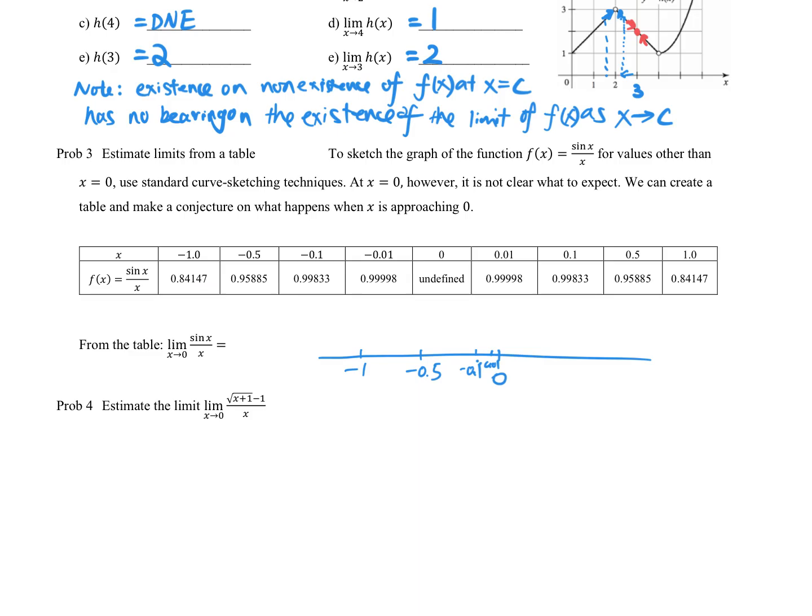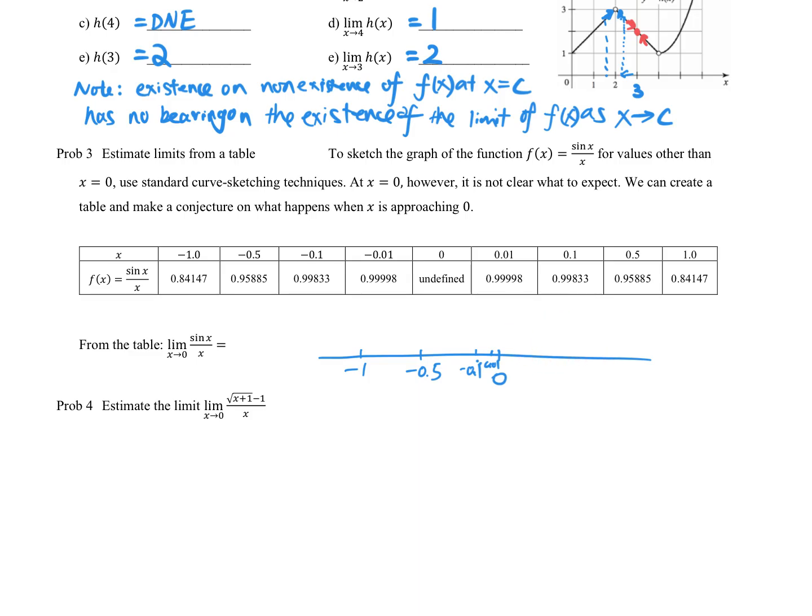We do see that the y values are approaching 1. According to the definition, we have to look at x values nearby this c, which is 0 in this case. So we also have to look at the x values when x is approaching 0 from the right side. What are the y values?